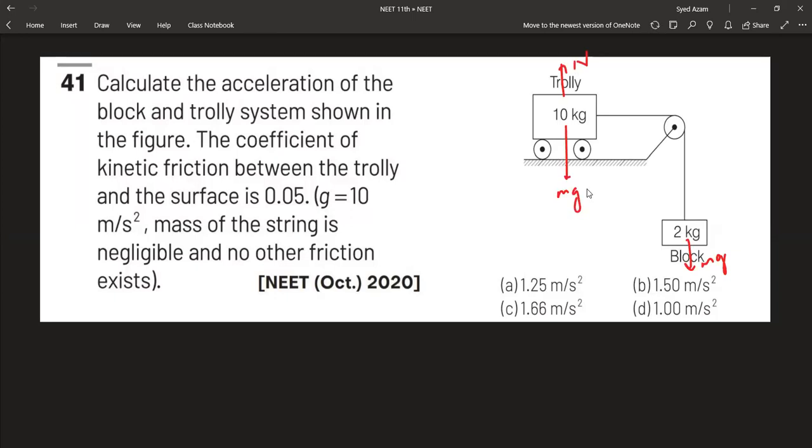Anything else? Without that, how did you get the answer without the forces? No. Tension. Whenever you see a string, rope, or thread, always put tension in the first place. Okay.